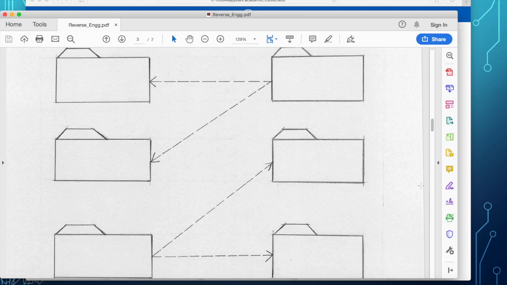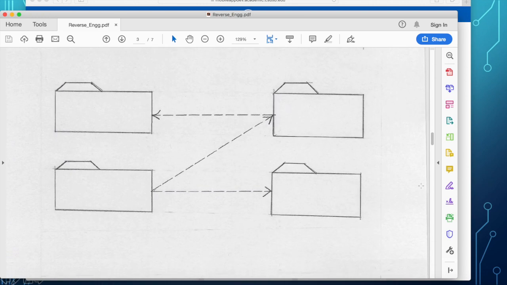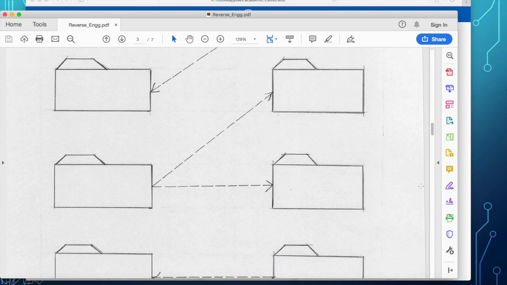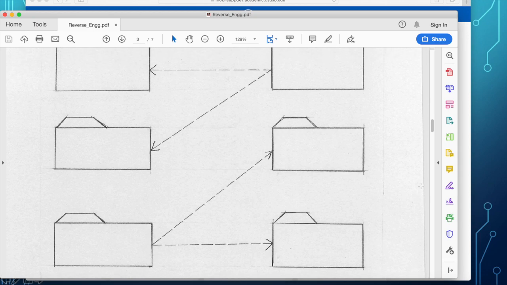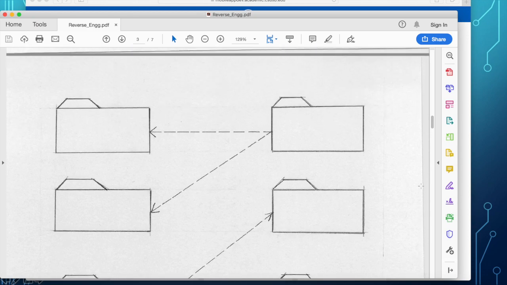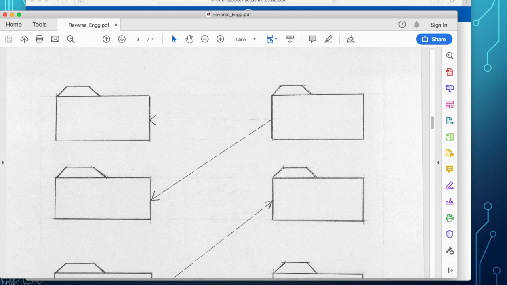In this example here, I arrive after identifying all the classes that are used in the software. I organize them into packages. So a package here represents a group of classes that have a strong cohesion. Strong cohesion means a strong relation to the overall function of this set of classes.